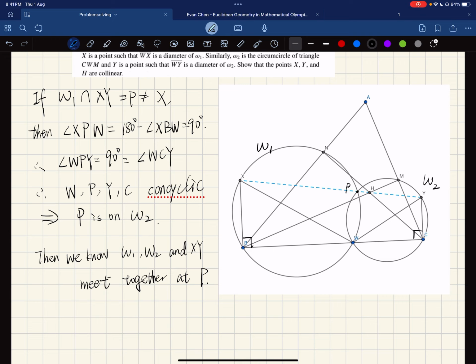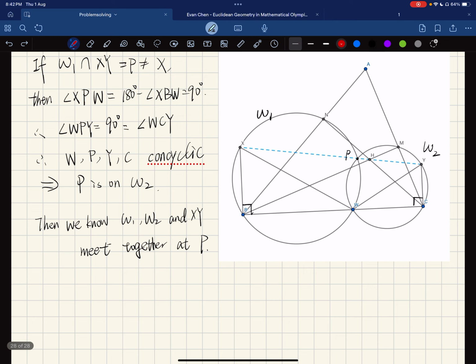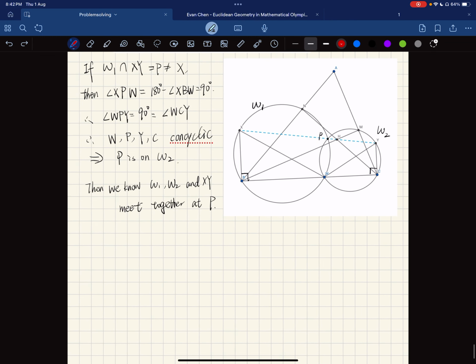Now it can be used in proving A, P, and W collinear. Let's do it. Let me write. We try to prove A, P, and W are collinear.